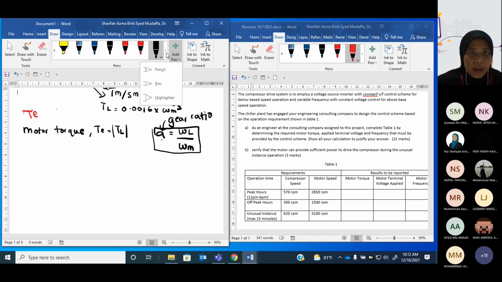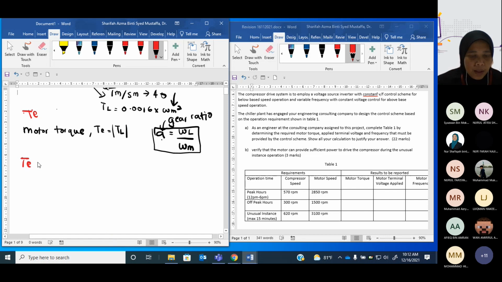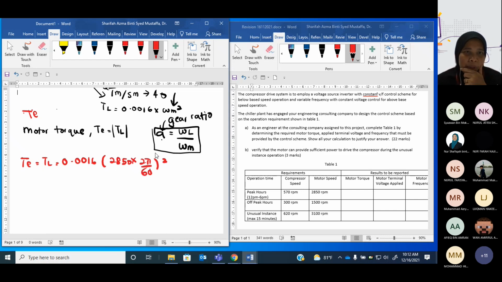So TE, sorry. TE equal to TL equal to 0.0016 times omega M squared, so 2850 times 2 pi over 60, squared. Betul ke macam ni? This one at rated.